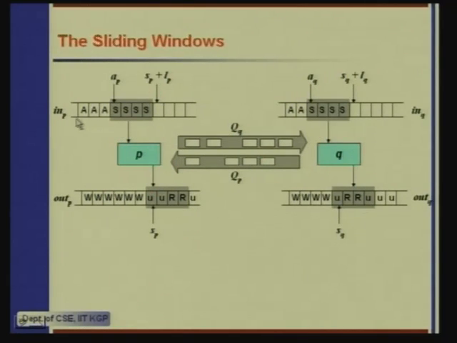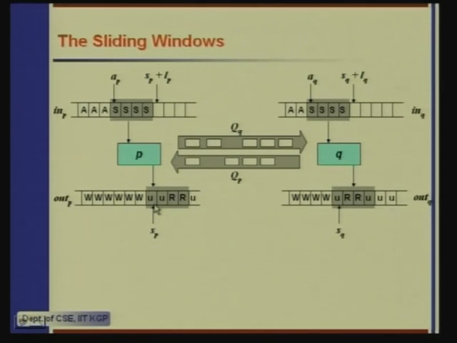This is the array in P for P, and this is the array out P for P. These are the words that have to be sent to Q. This infinite array of words has to be sent to Q, and these are the words that have been received from Q. And SP, as you can see here, denotes the first word that is not yet received from Q. There can be some other words, like these two, which are already received, but these two have not been received yet. Do you follow?